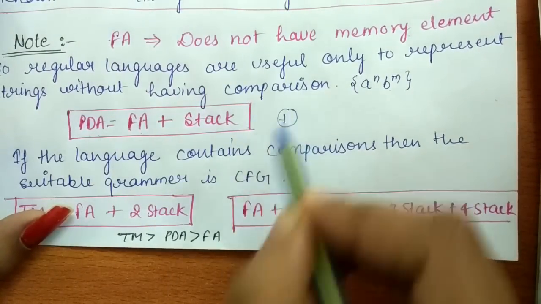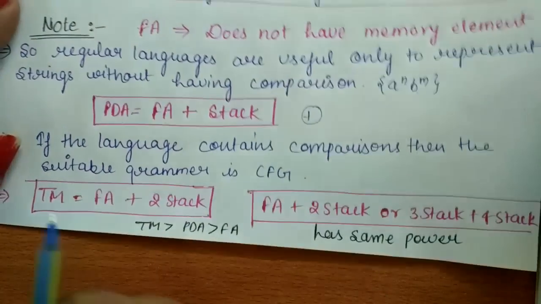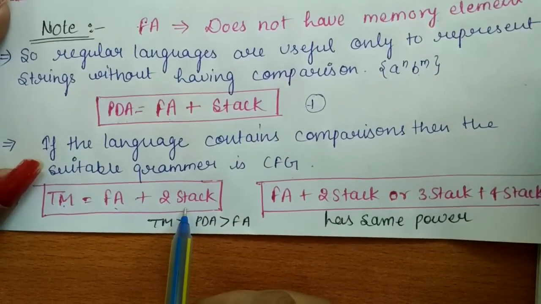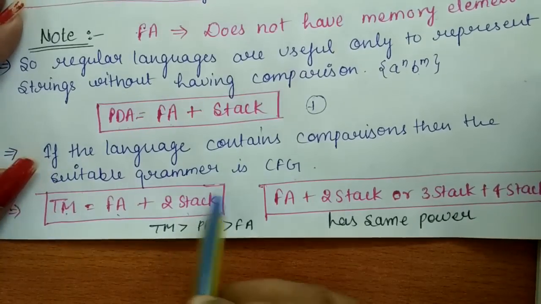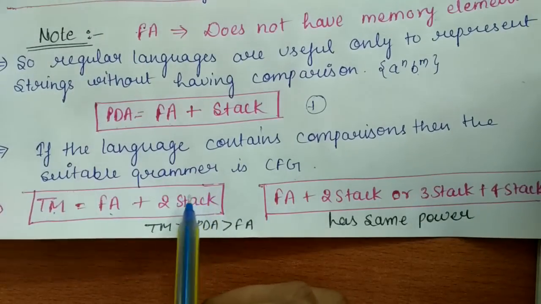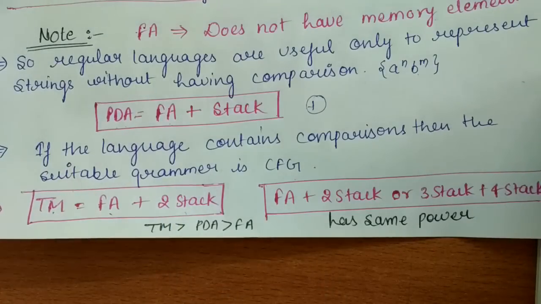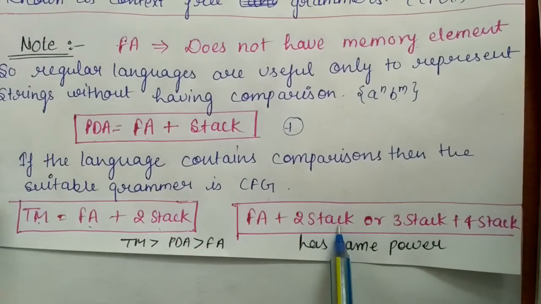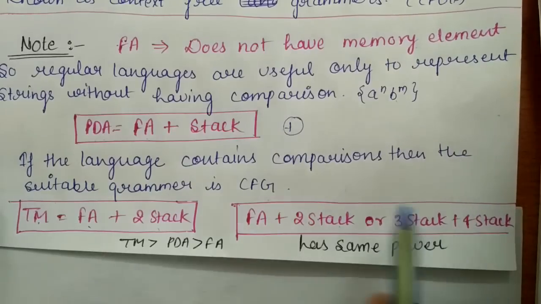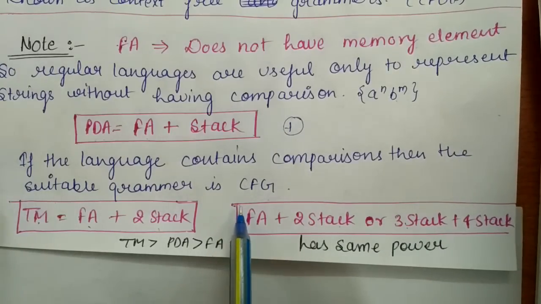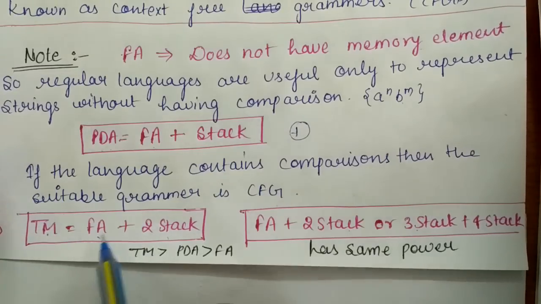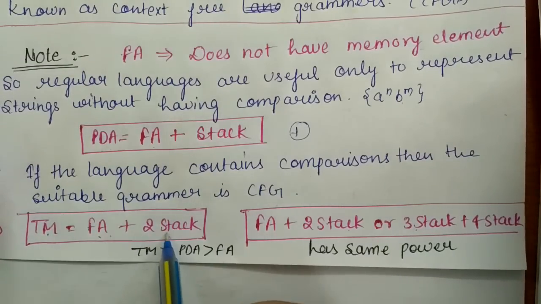Now the Turing machine is nothing but a finite automata, and if we add two stacks to the finite automata, then it will be a Turing machine.